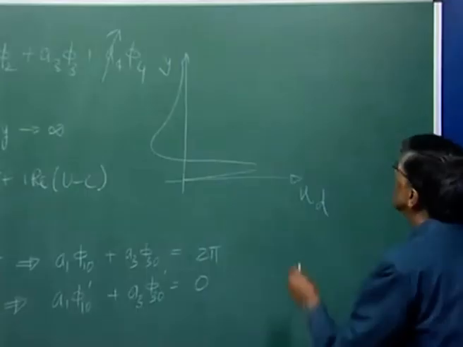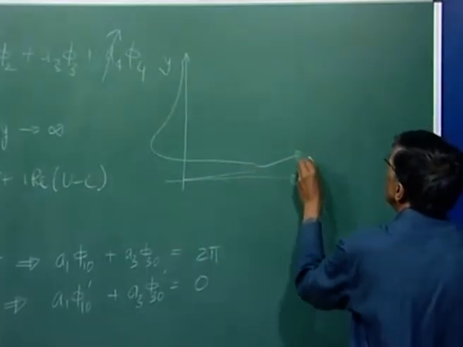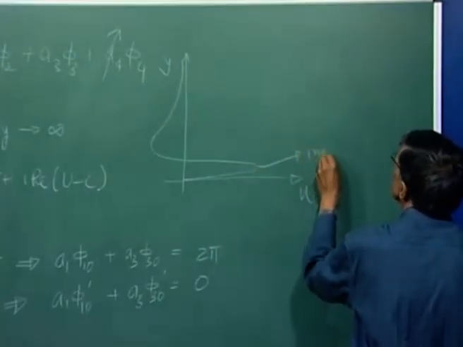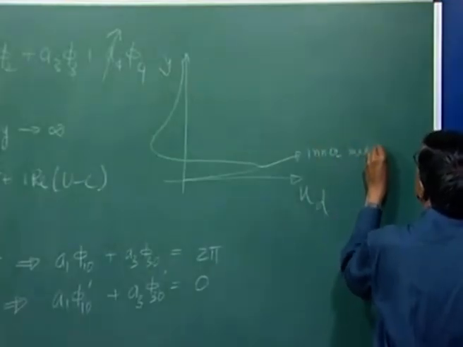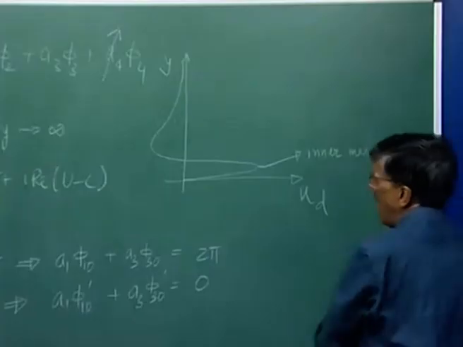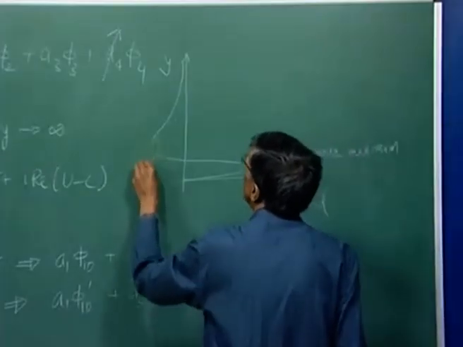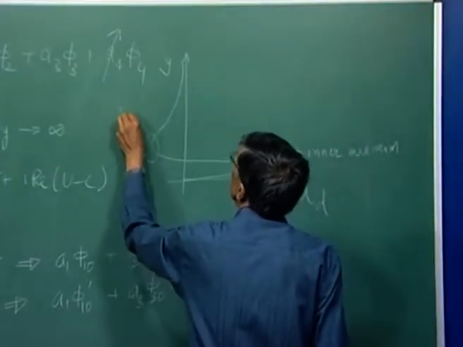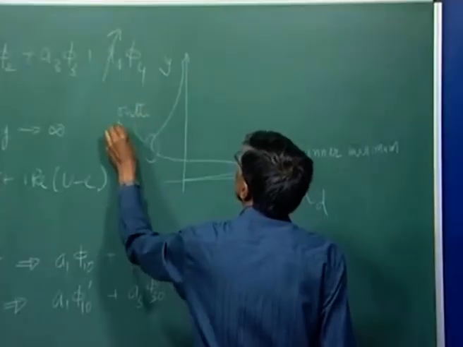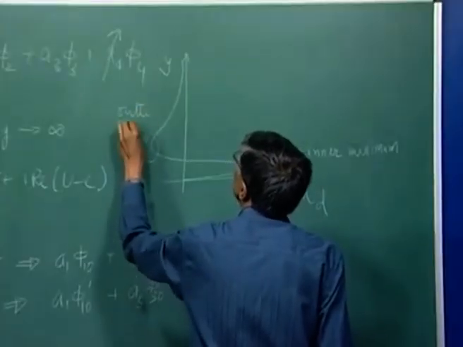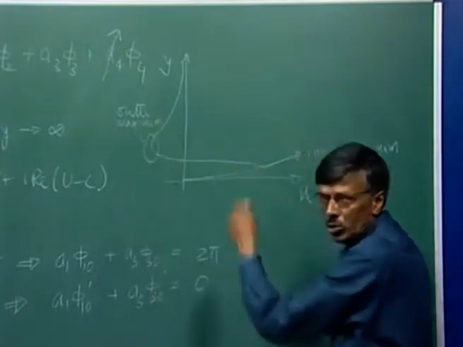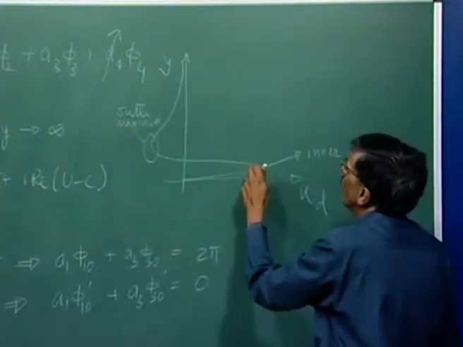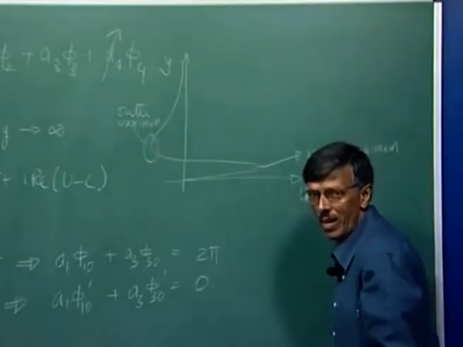Okay. And this is what is called the inner maximum. And this part is called the outer maximum. So, basically talking about the magnitude, the disturbance quantities have two maxima, one here, one there.